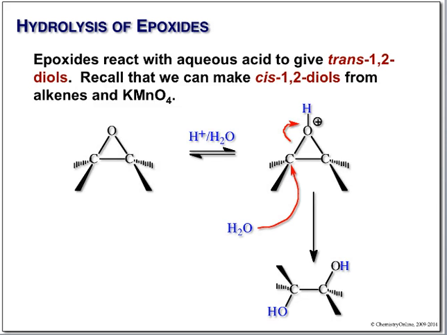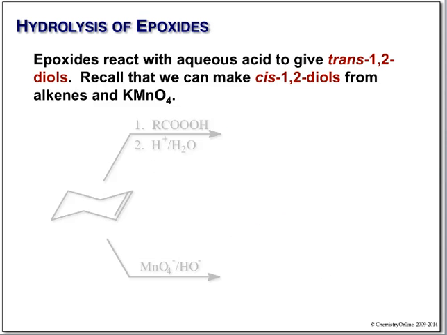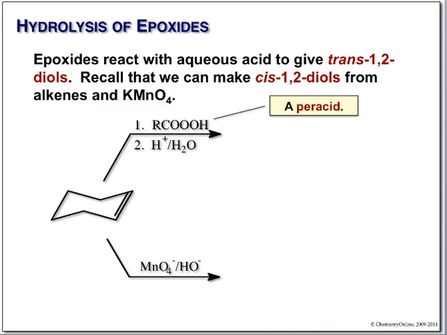Doing this in the form of a problem, here we have cyclohexene. Here we have a peracid. That's step 1. Step 2, we dump it into aqueous acid.